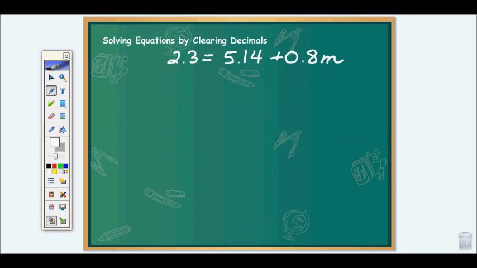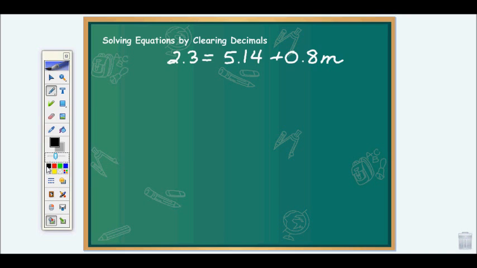We'll do some more clearing of the fractions, but there's also a method for clearing the decimals. Again, I'll change color so we can see the difference here. Very similar to common denominator, this time we're going to look for the biggest place value that we have. I noticed that 2.3 has 1 digit behind the decimal, but 5.14 has 2 digits behind the decimal.